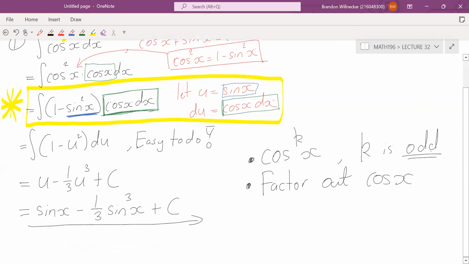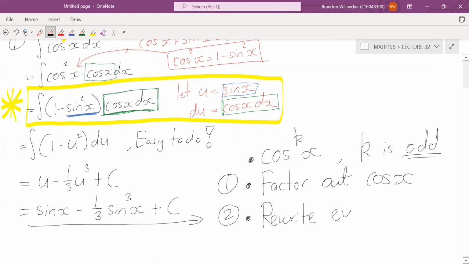Okay, so that's your step 1. Okay, so we can call that step 1. Step 2, rewrite everything else in terms of sine.